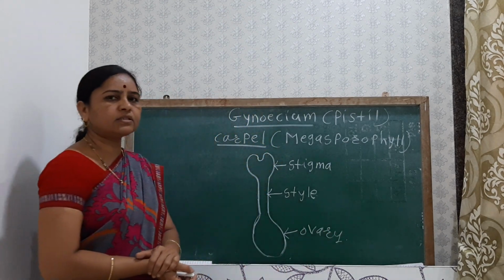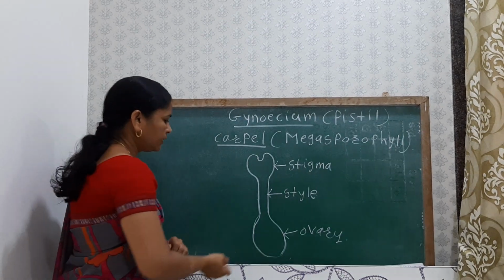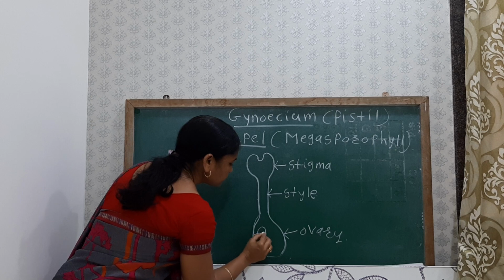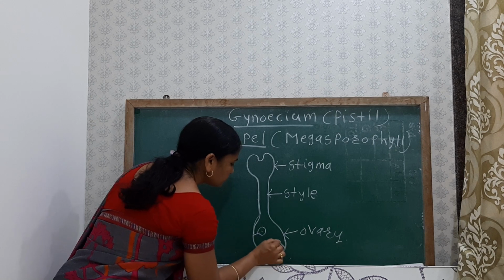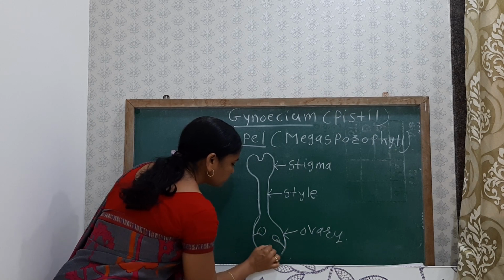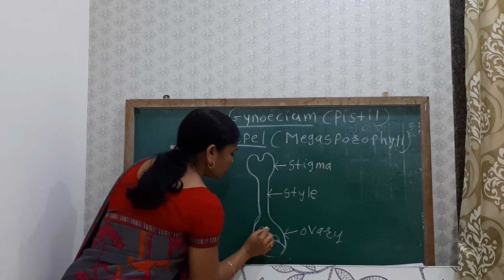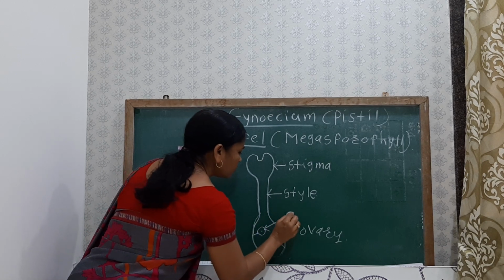Okay, so this is the structure of the carpel. Inside the ovary there are the ovules. Like this, it is the ovule.